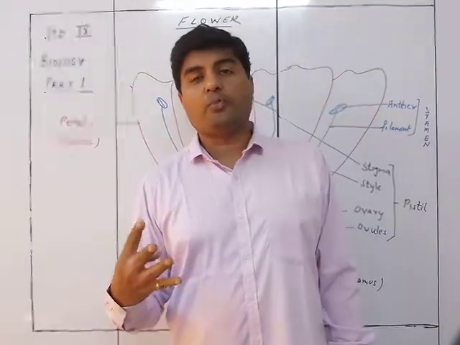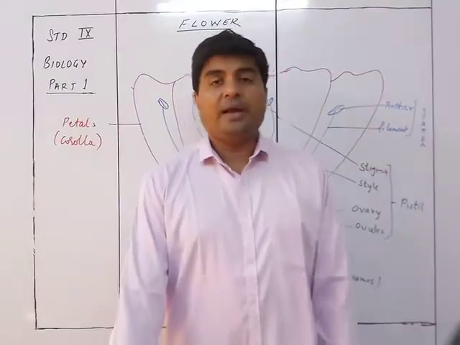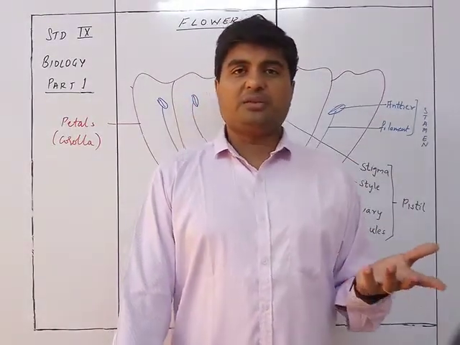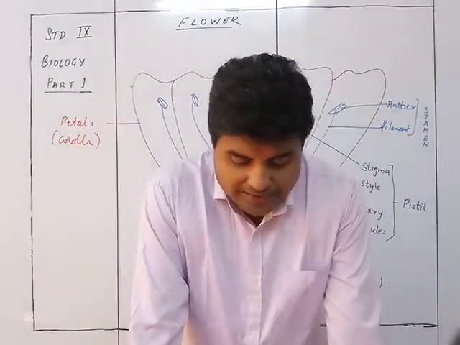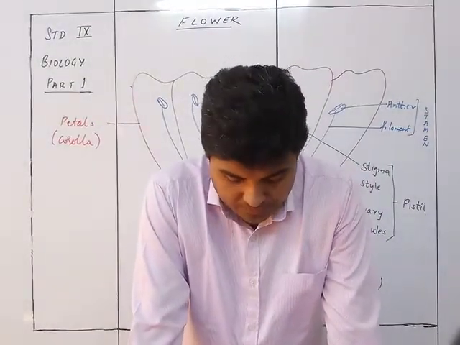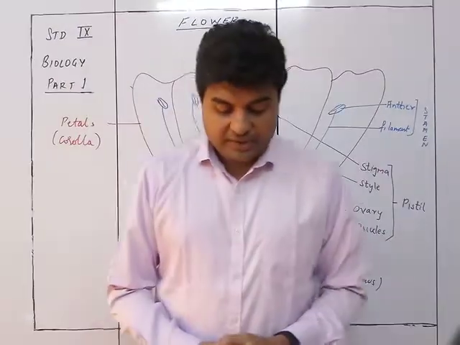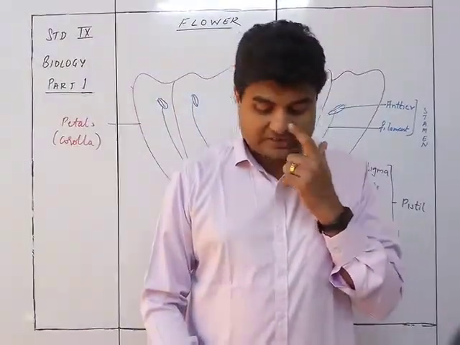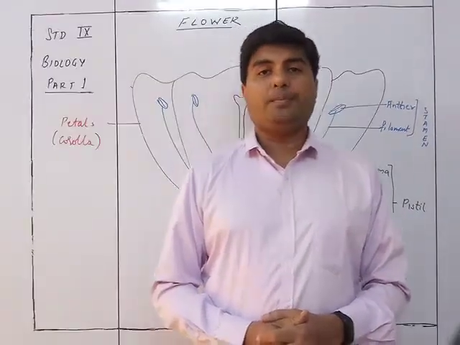If all four whorls are present, it is called a complete flower. And if it is lacking one of them, then it will be an incomplete flower. A complete or perfect flower is one which contains all the four floral structures. If one or more sets of floral structures are missing, the flower is called incomplete or imperfect.